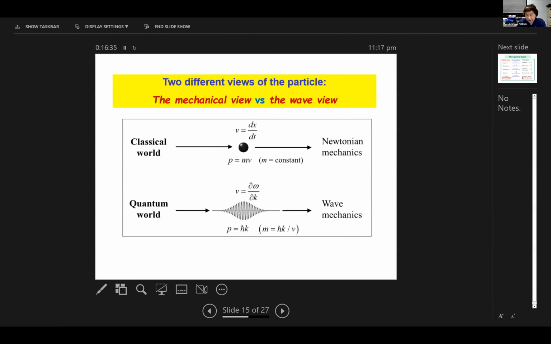In the quantum world, we think there's no such thing as a point mass particle. They are just wave packets, and the correct way to describe the motion is wave mechanics. But in the so-called standard model, sometimes people mix the two. Sometimes they use the point mass concept to describe the particle, and sometimes they use waves. And this sometimes may cause confusion.